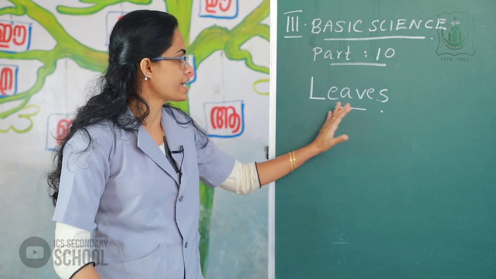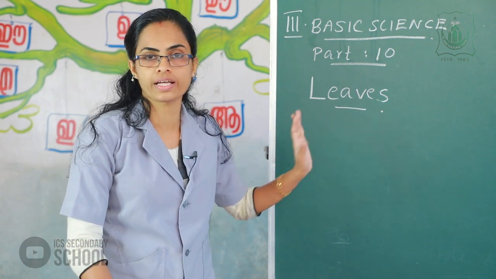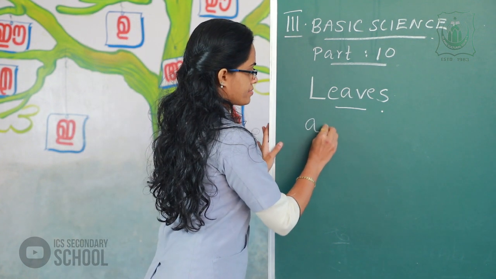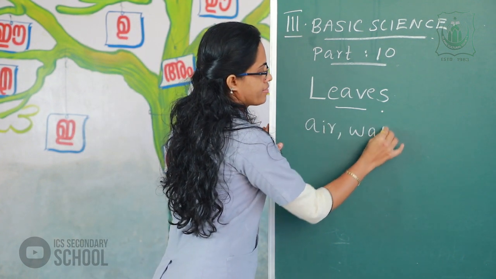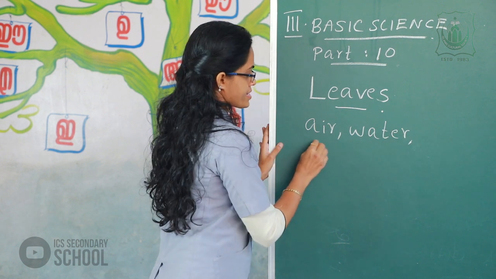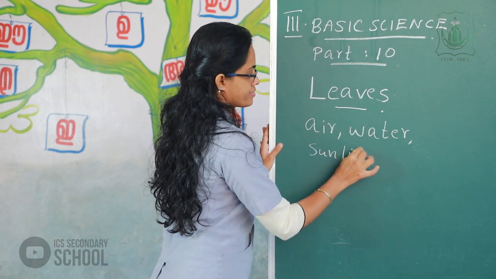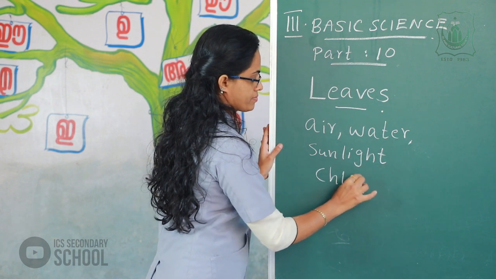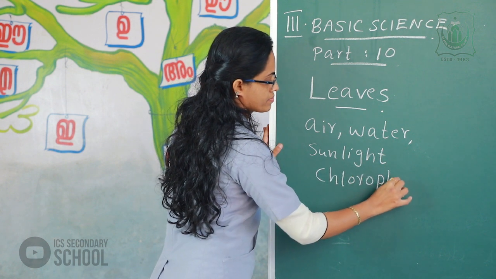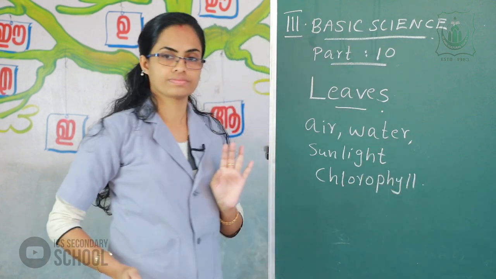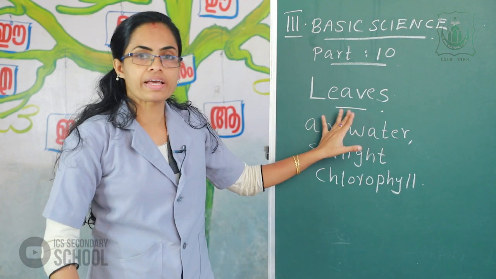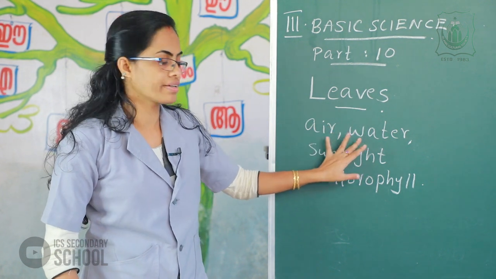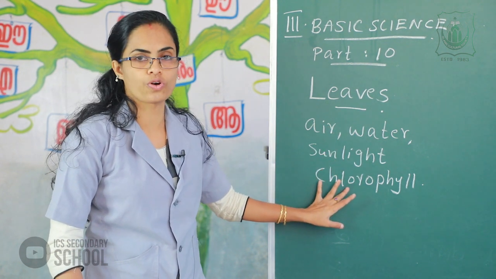Listen here, the leaves make food for the plant with the help of air, water, sunlight and chlorophyll.